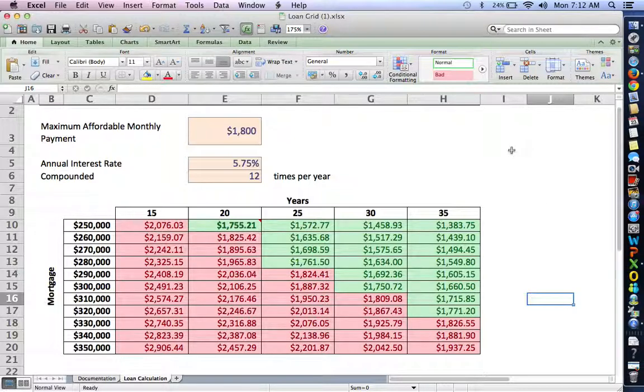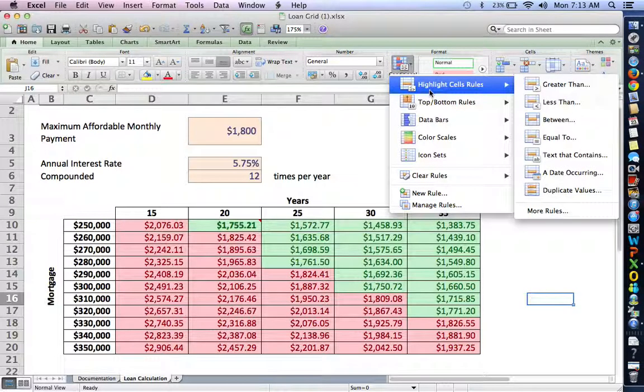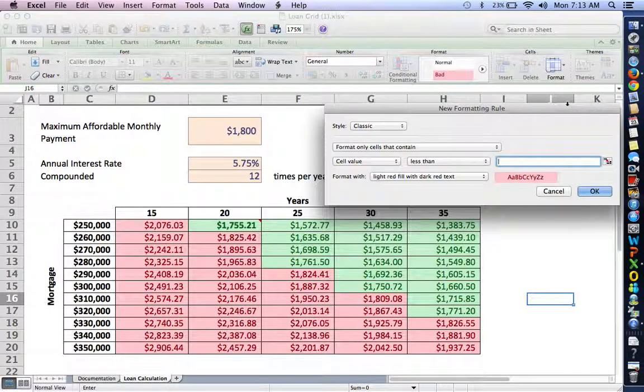As a second part of this, I did some conditional formatting to find out which of the payments would be under the maximum affordable monthly payment. So I chose highlight cell rules and did the less than option, which allowed me to enter the E3 cell reference in the less than field here.